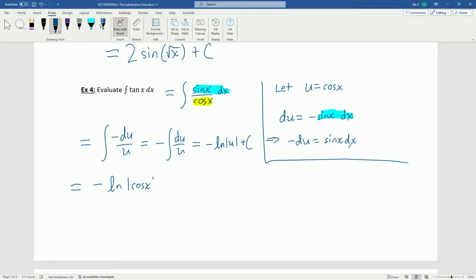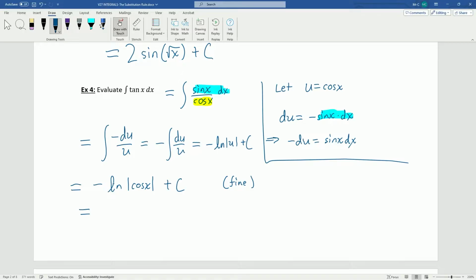Just cosine of x. Now, this is totally fine. This is a perfectly valid answer to the question, but it's not the way that the integral of tangent of x's result will usually be written when you look at it.